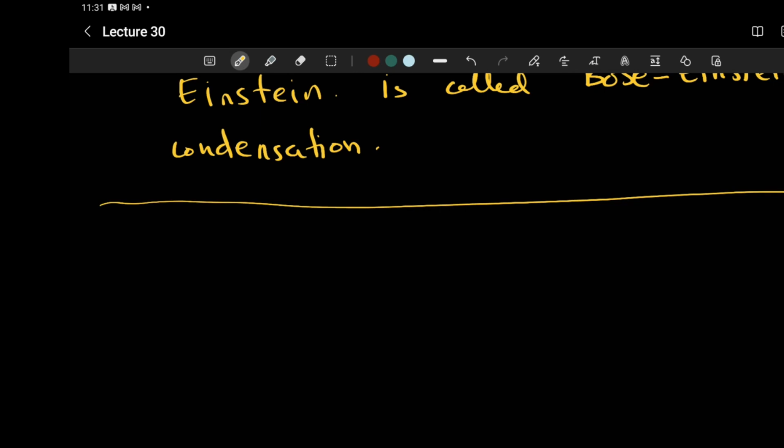One is liquid nitrogen, at around 80 Kelvin. So if you want to bring temperatures down to 80 Kelvin, all you can do is use liquid nitrogen. The second level of sophistication is to go to liquid helium, which is about 4 Kelvin.